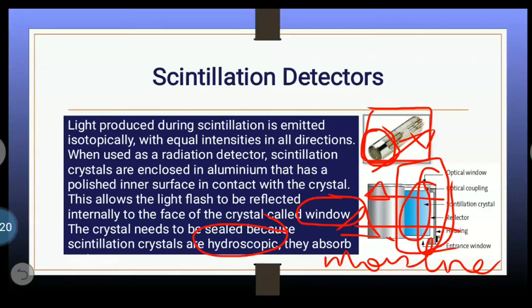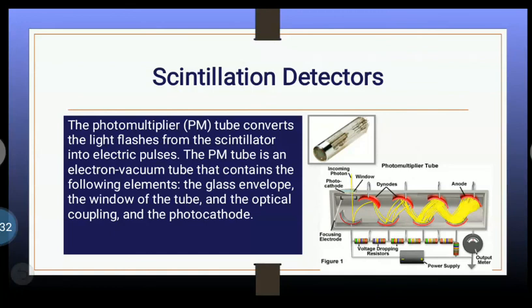Okay? So, again, it is sealed with aluminum so that the emission of light is only toward a special portion called the window of the photomultiplier tube. The photomultiplier tube converts light flashes from the scintillator into electric pulses.